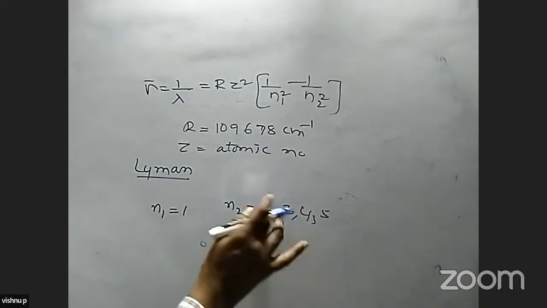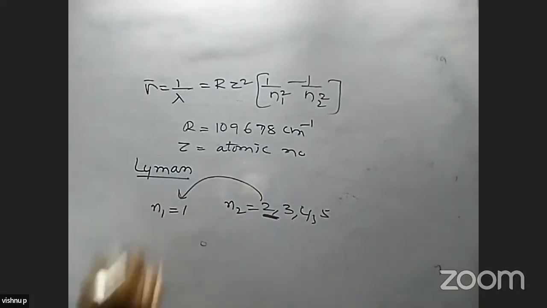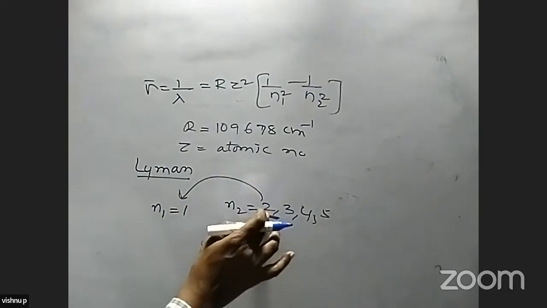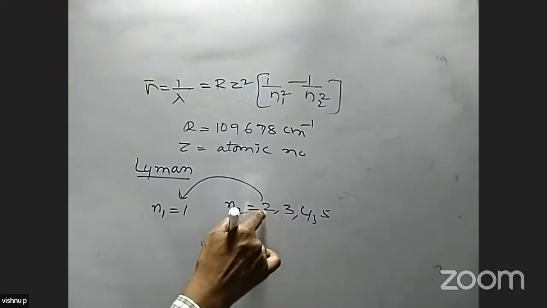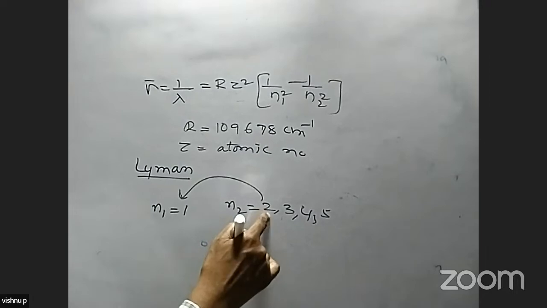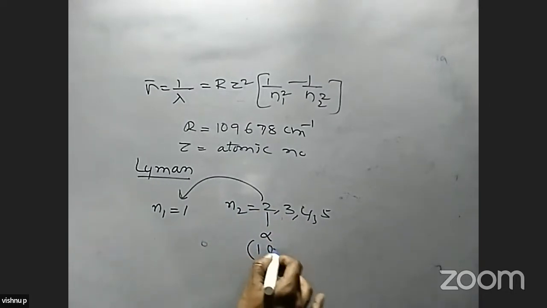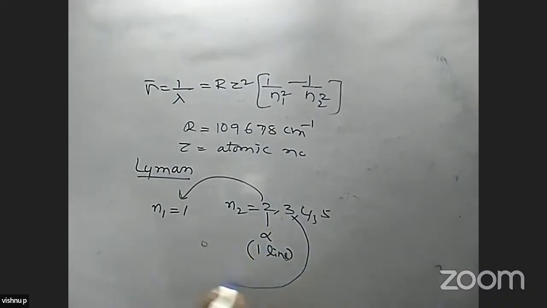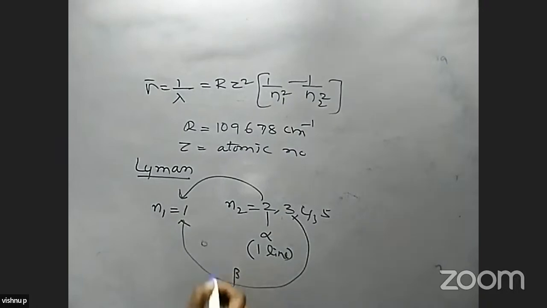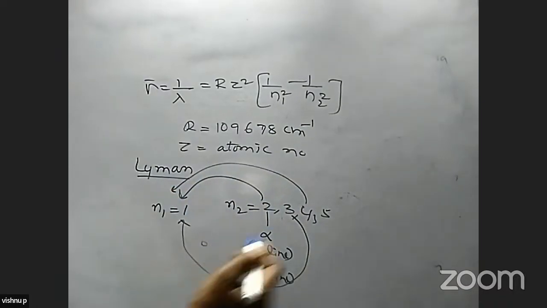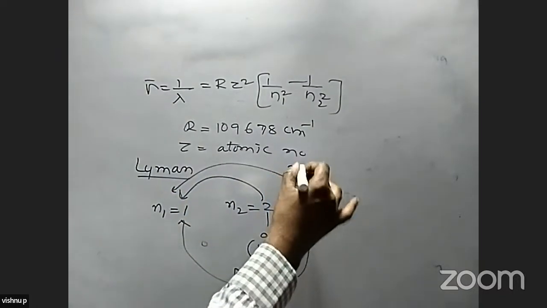If the electron jumps from second to first, this line is called the alpha line, or the first line. If the electron jumps from third to first level, it is called the beta line, or the second line, and fourth to first is called the gamma line, or the third line.